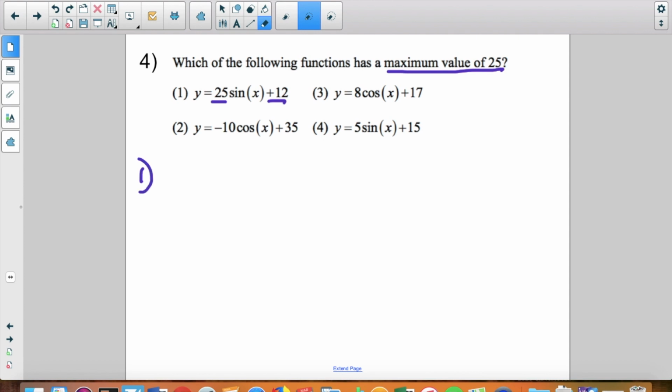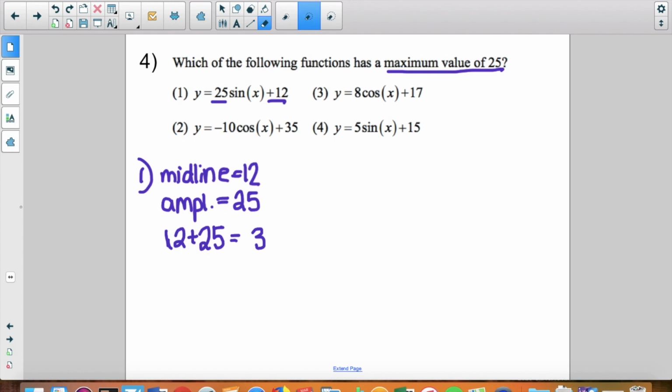So in answer choice 1, our midline is 12 and our amplitude is 25. So to get from the midline to the max, we would have to do 12 plus 25, and that gives us 37 as our max. That is not what we want. We want a maximum value of 25, so 1 does not work.